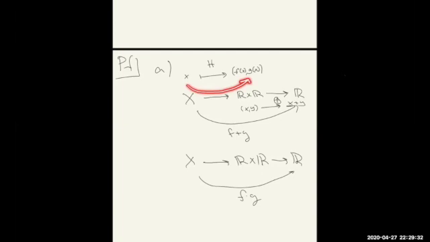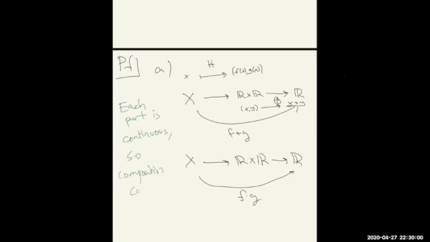You first become a pair, then you add the components. So what you get out is the function f plus g. Well, f and g are continuous, so this is continuous, and this is continuous. Each part is continuous, so the composition is continuous.